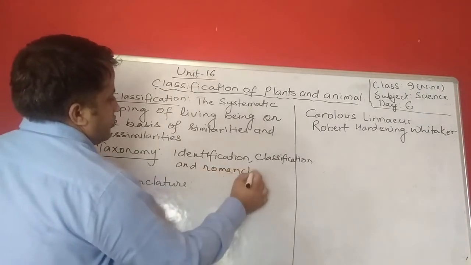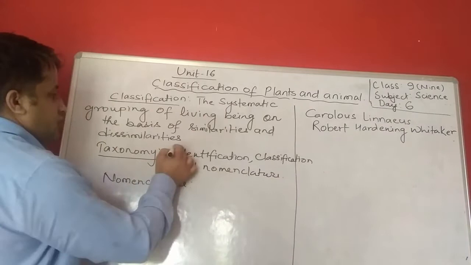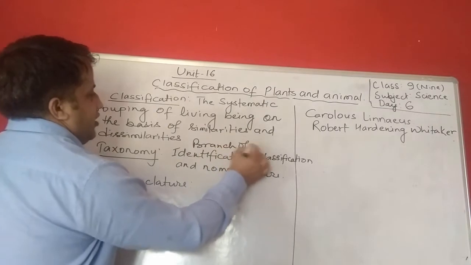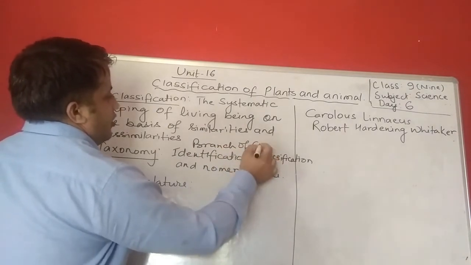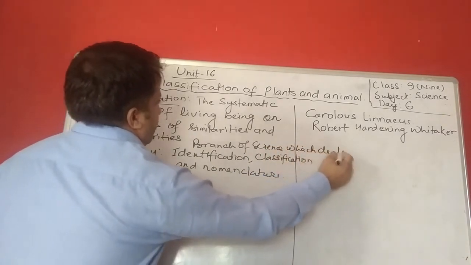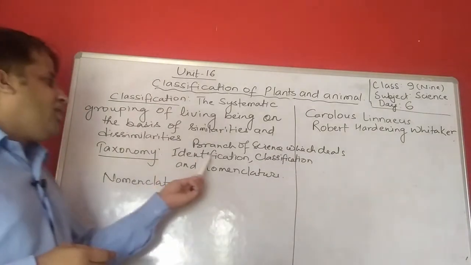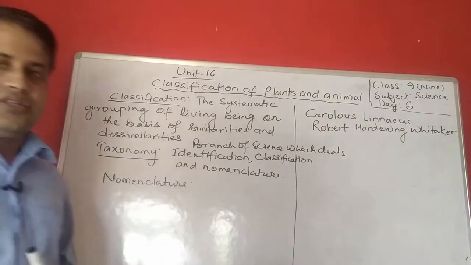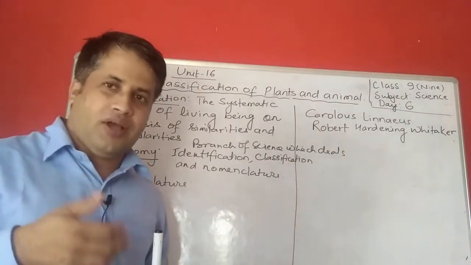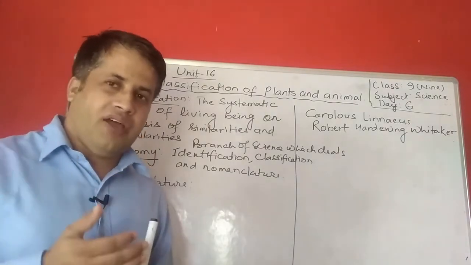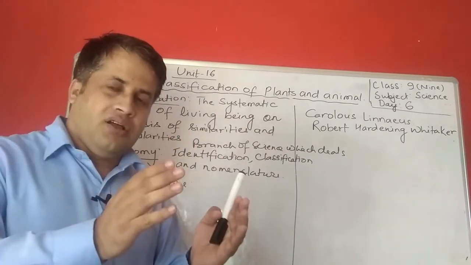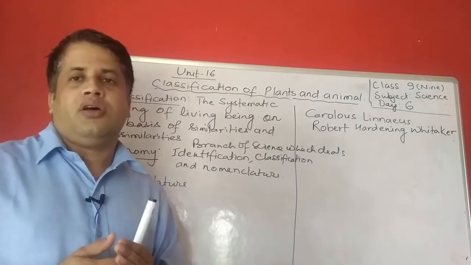In lower classes also you may have studied about this branch of science. First of all, we have to identify the living organism, what type it is, by looking at their characteristics. After identifying, we will classify them into groups, and after grouping them, we have to give the name.